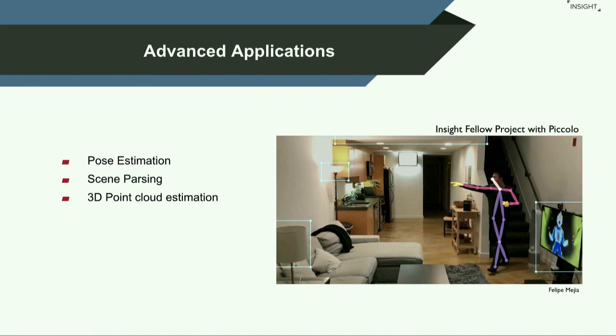An example of what you can do straight out of the box in a small 4-week project: we had an Insight AI fellow, Felipe Mejia, now at In-Q-Tel, who developed a custom image classifying algorithm leveraging pose estimation to recognize gestures. So on the right, you can see an application of computer vision where you not only estimate the pose of an individual human, but then use that to direct finger motion, pointing towards a certain device to turn it on and off.